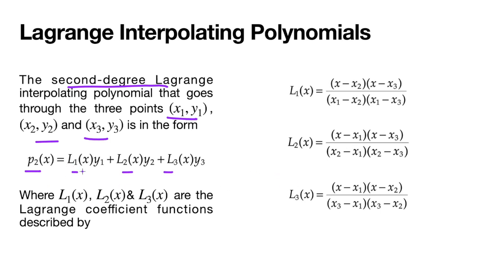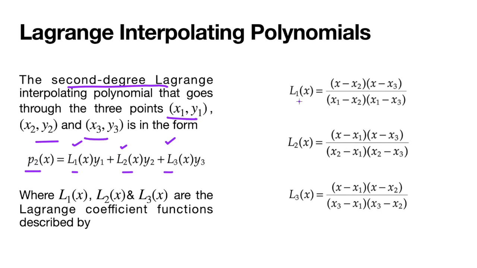Similarly, we will have the third degree Lagrange interpolating polynomial. It will include L4 also. So these Lagrange coefficients here, L1, L2 and L3, are formulated as follows.